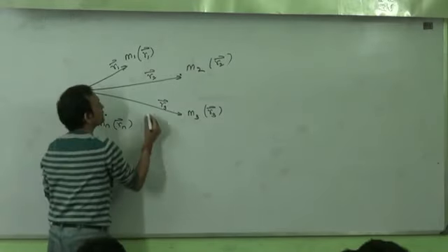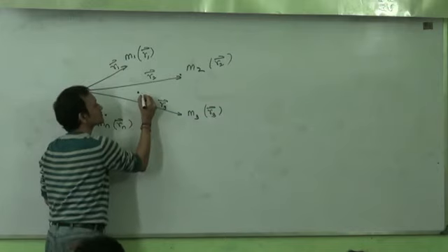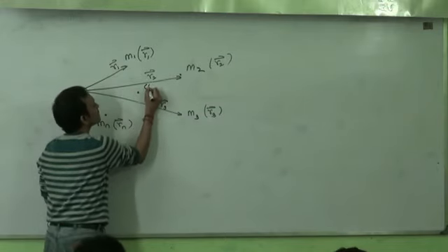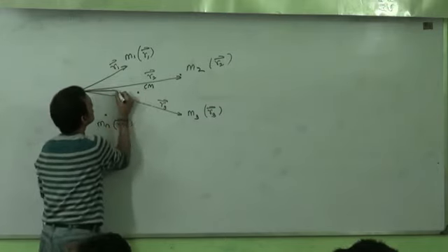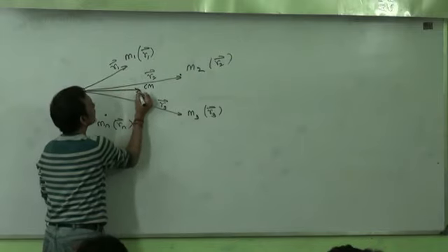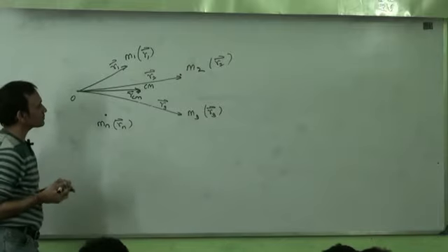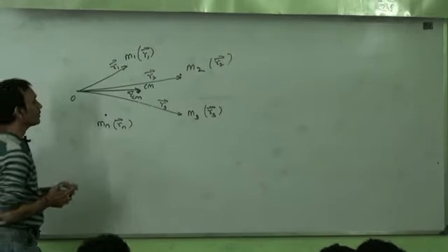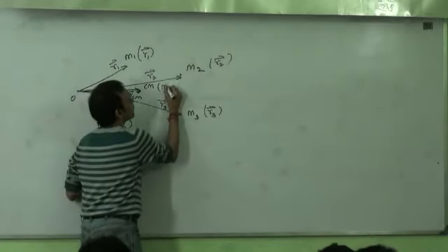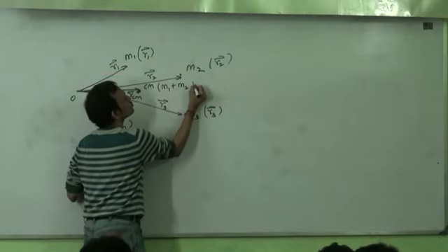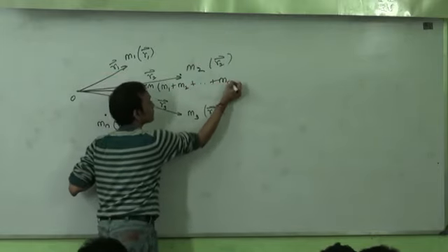And this is the center of mass, this is the r of the center of mass, which is like a point mass m1 plus m2 plus mn.